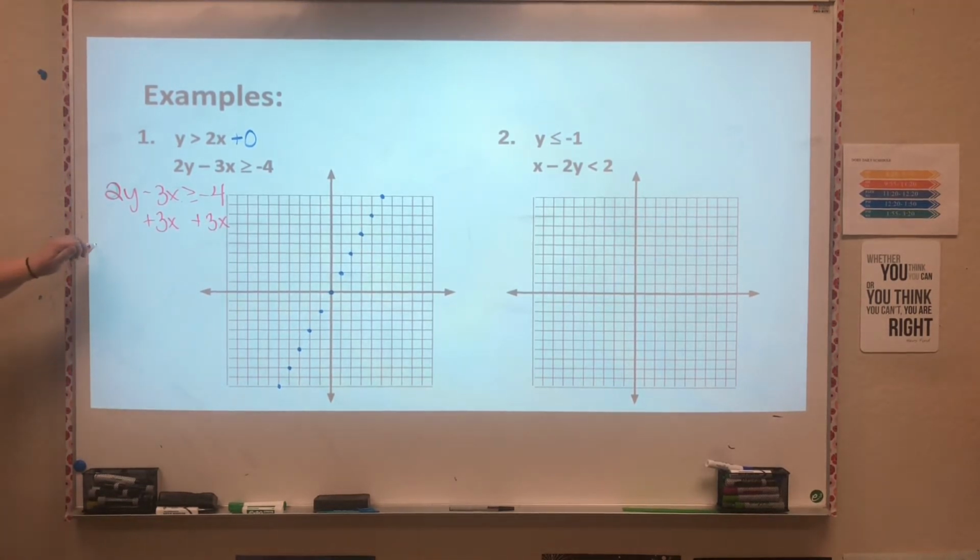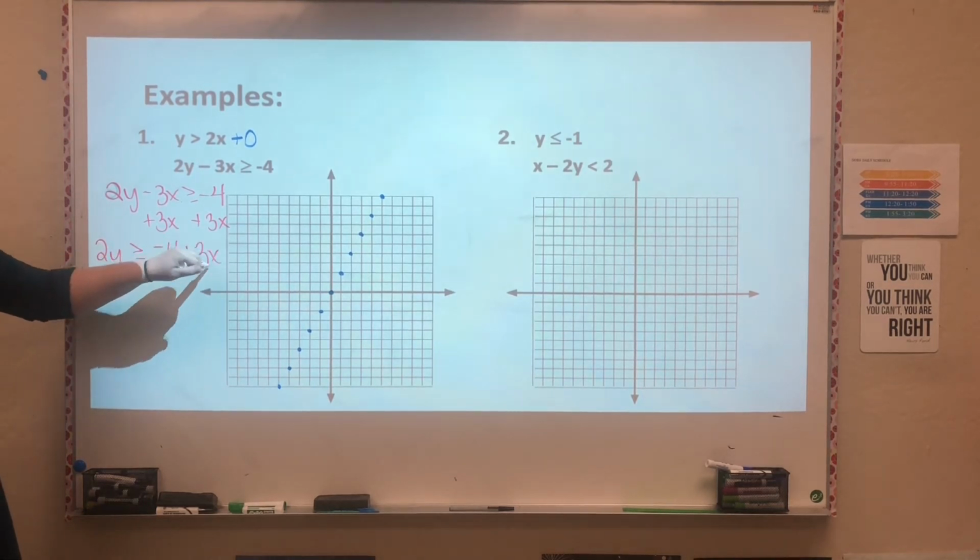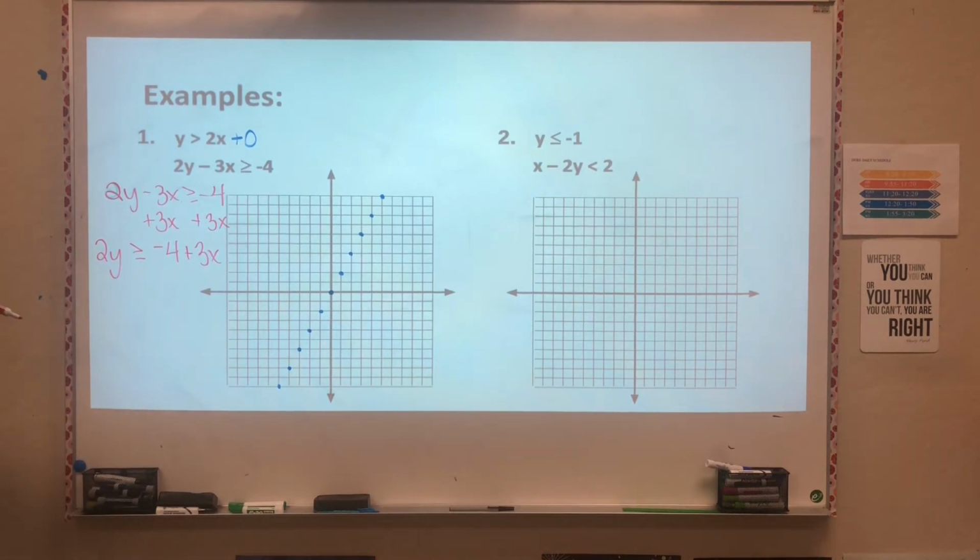It would be 2y is greater than or equal to negative 4 plus 3x. And then from there, the y-intercept is negative 4, and then the slope is 3.